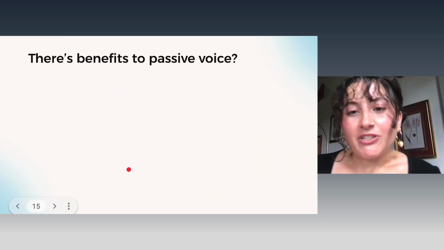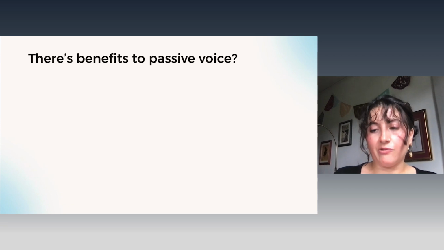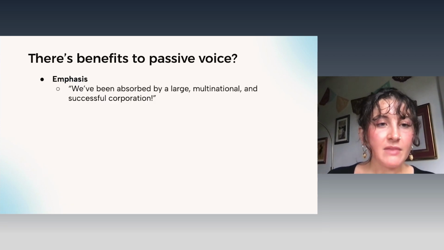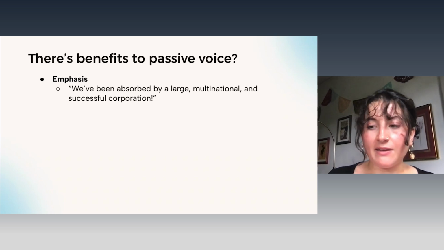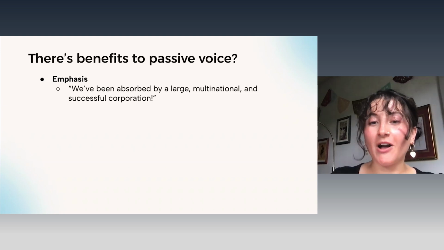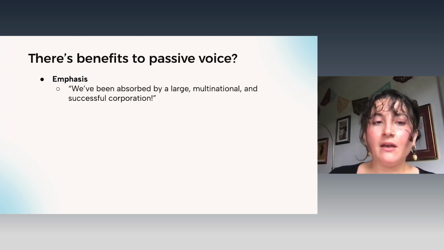All right, so as I mentioned, there are some benefits to passive voice. Again, most of the time in technical writing, we should be writing in active voice, but here are a few considerations. So I already mentioned emphasis. Again, maybe in technical writing, we don't need to draw in drama and emphasis, but imagine you're writing an update in an email to the company.